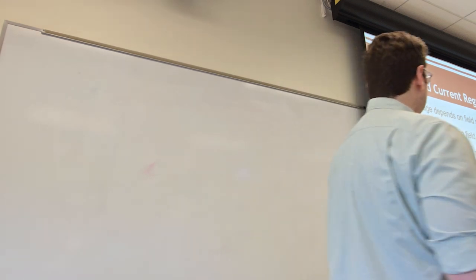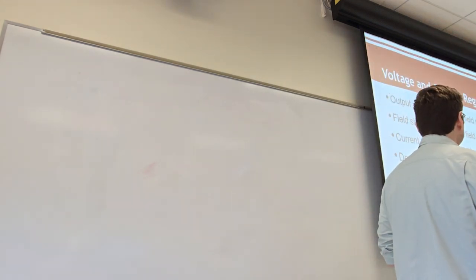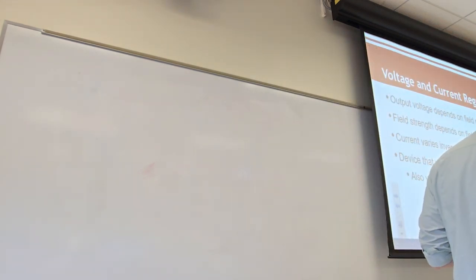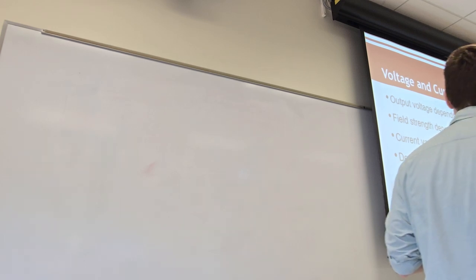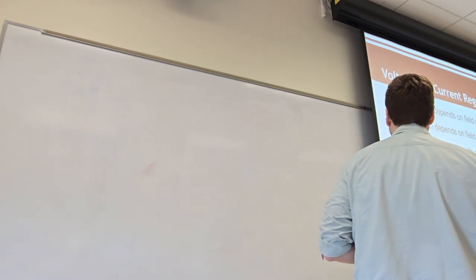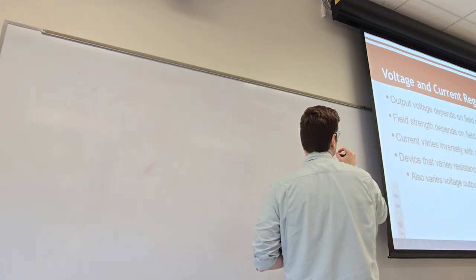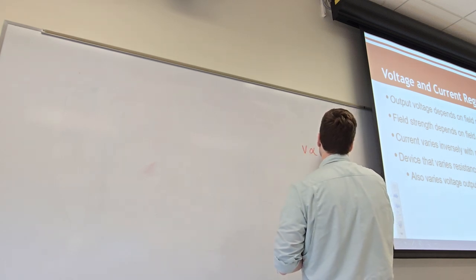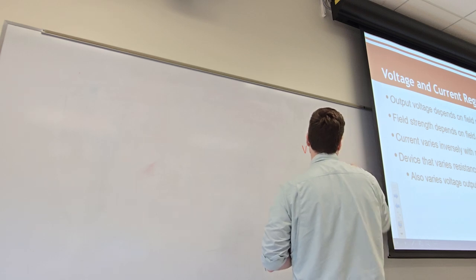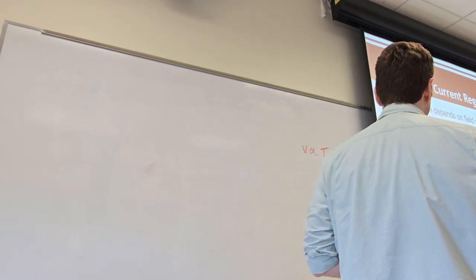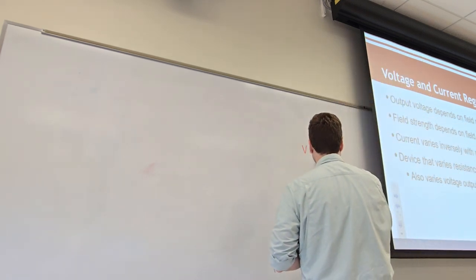All right, so we've already kind of talked about this, but the output voltage, the voltage that we get out of our generator, scales with field strength. Okay, so that would be in Tesla, or B, actually.